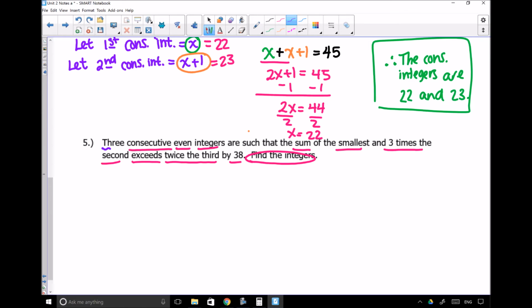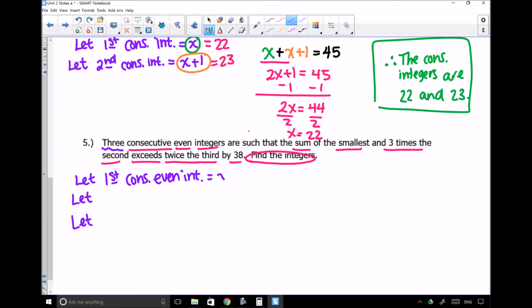If there are 3 consecutive integers, that means we have to write 3 let statements. We want to be specific with our let statements. So we're going to say let the first consecutive even integer be x. Don't forget that it's even.